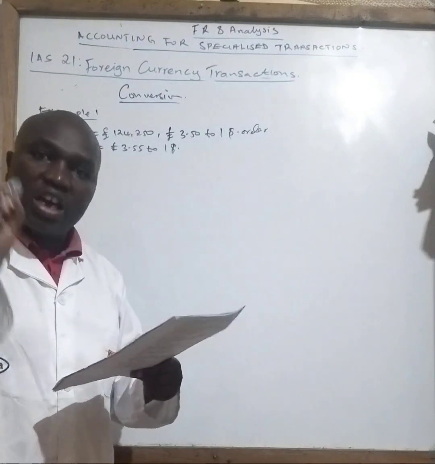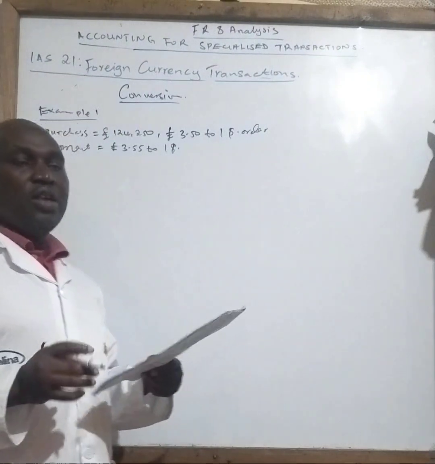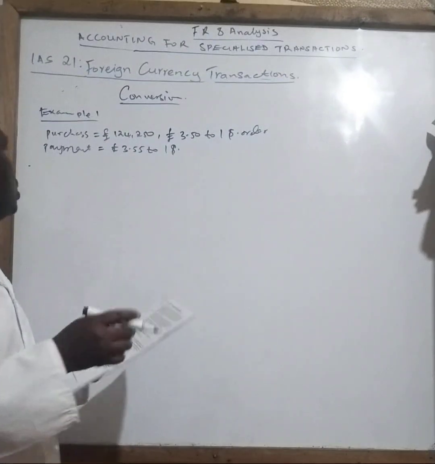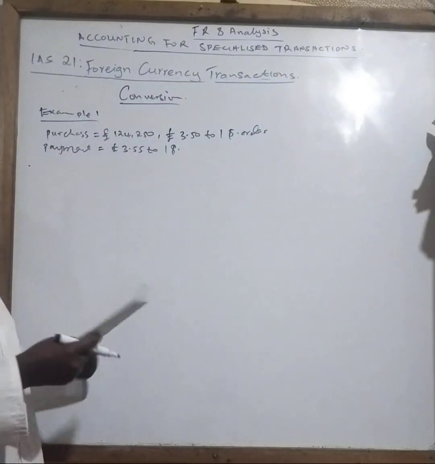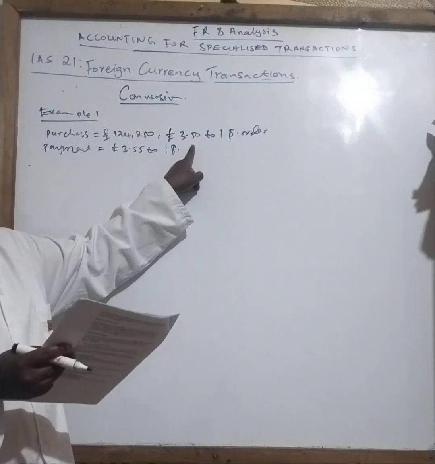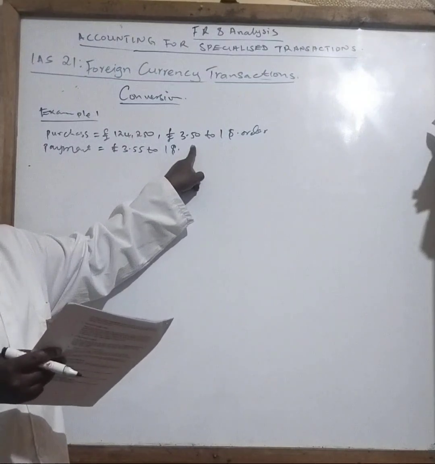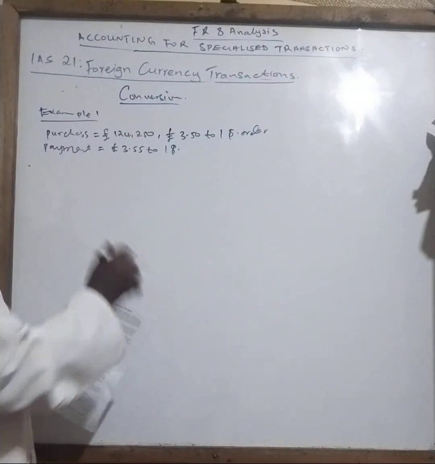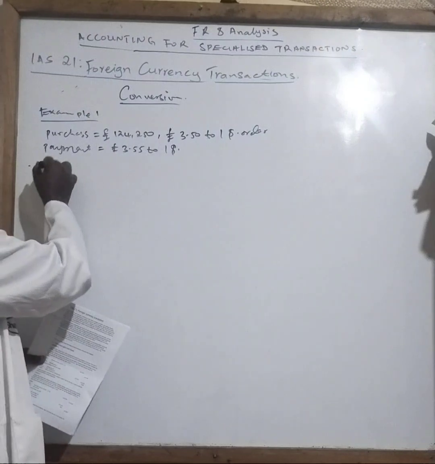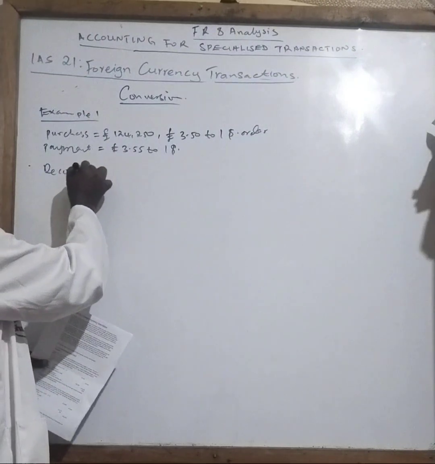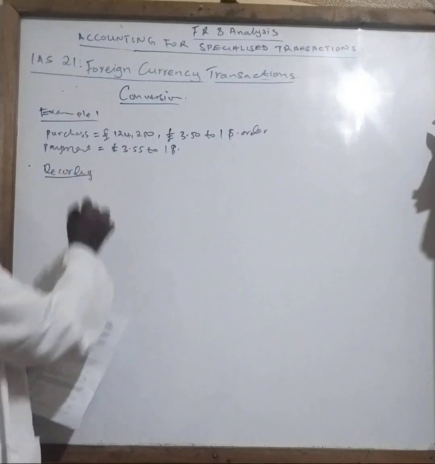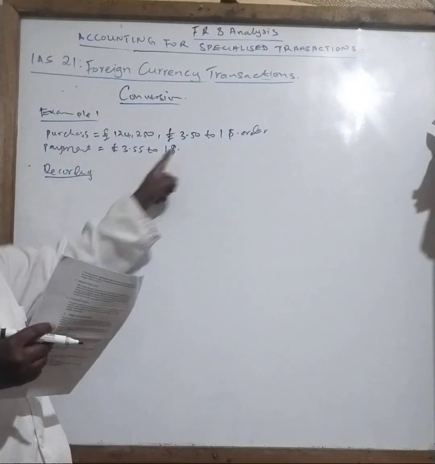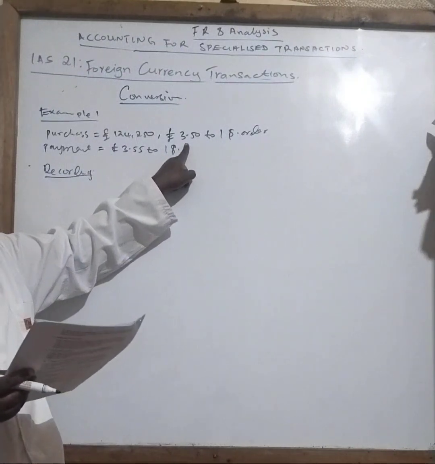The first part is recording of transaction. We only record the transaction by using the exchange rate at the time of receipt of an order. So we can record this by use of the rate that prevailed at the time of receipt.